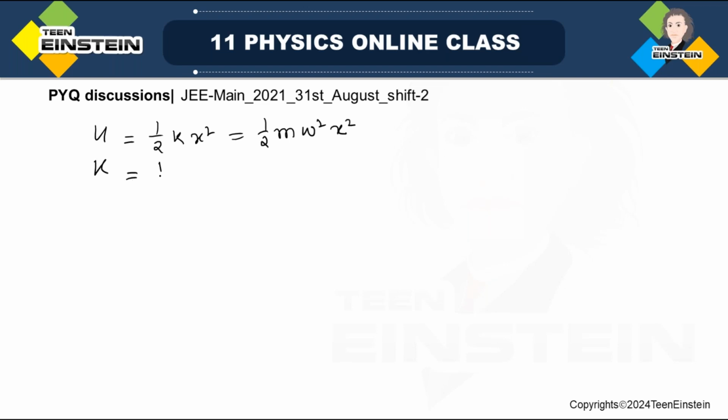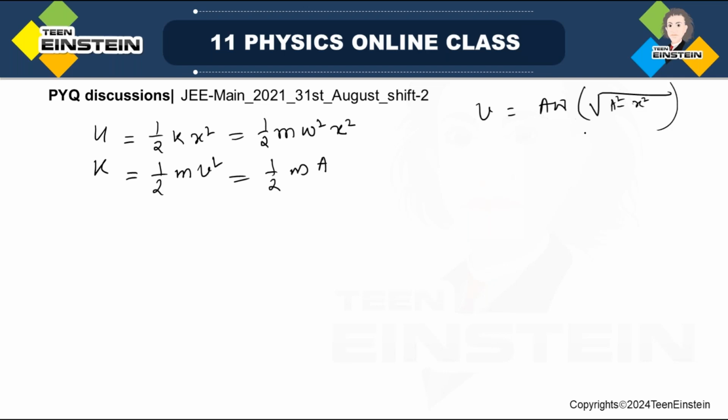K will be half m v square. What is velocity? v is a omega times the square root of 1 minus x square by a square, so a square minus x square.